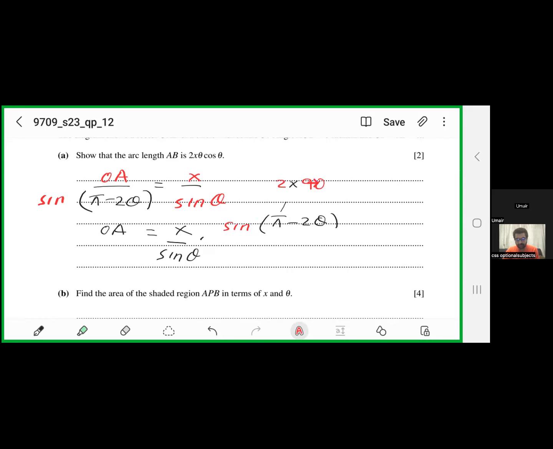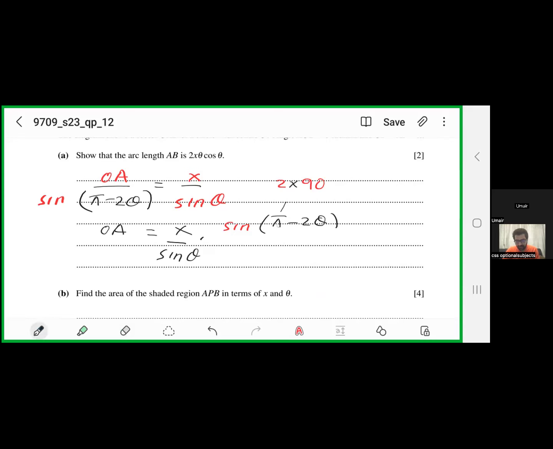Whenever you have sine of 2 times 90 minus x, that is equal to sine x. This is the formula that you have to understand. If you have an even multiple of 90, then sine will not change and the angle will be written with sine.